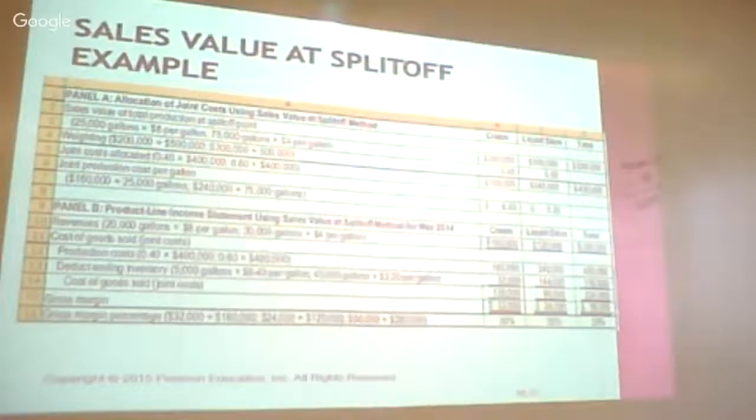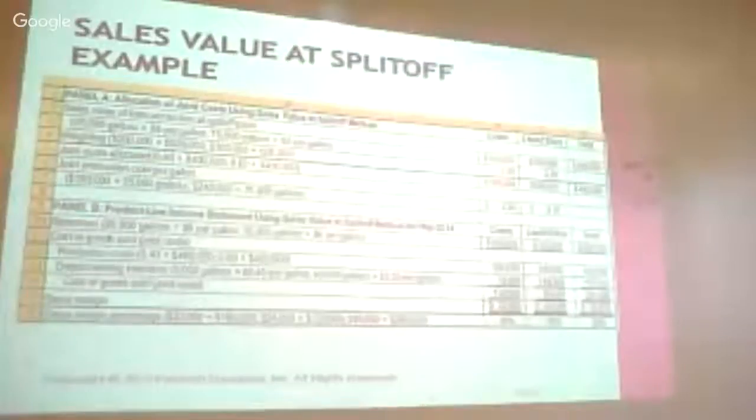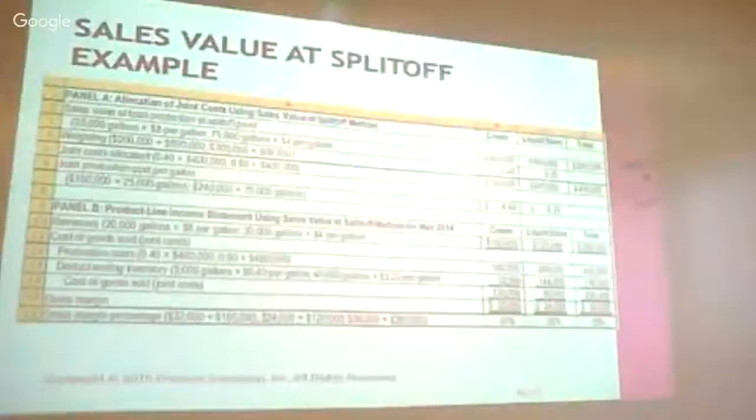Okay. We don't look at the 200,000 except to determine what percentage of the 400,000 do I allocate to cream for cost. Okay? Okay, so you gotta go back over here.